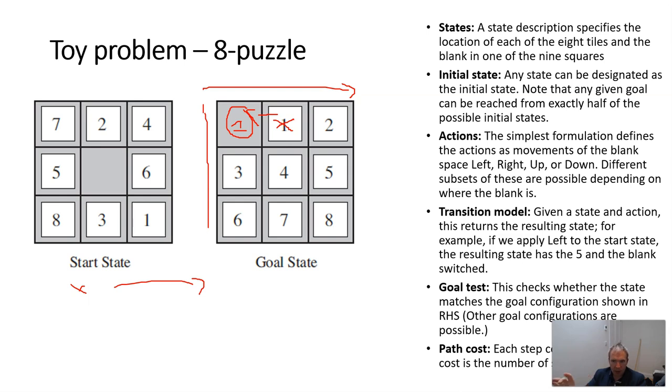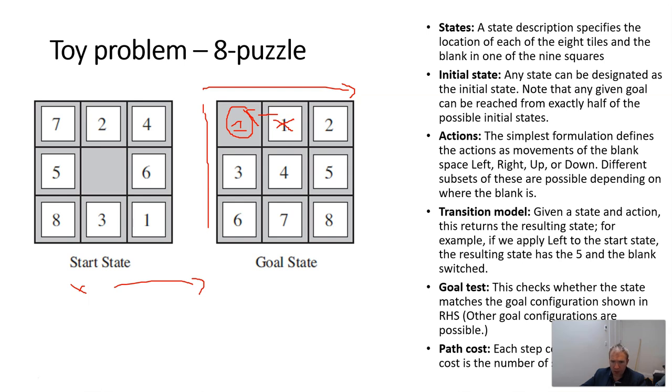We've also abstracted away any actions such as shaking the board when pieces get stuck, and we're ignoring any physical manipulation such as extracting the pieces with a knife and putting them back in again. Okay, and they are all considered abstractions. So then we're left with a description of the rules of the puzzle, avoiding all the details of physical manipulation.